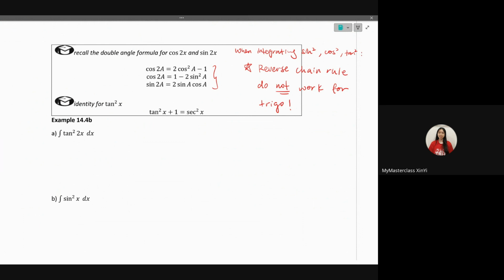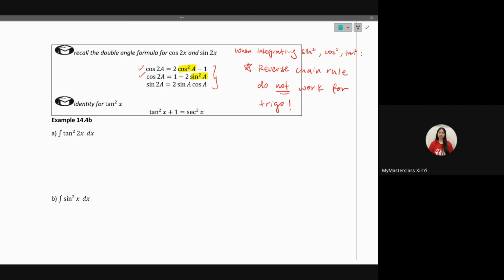The identities that I will need are the double angle formula. Recall your double angle formula for cosine and sine. Which part of my double angle formula will have cosine squared or sine squared in them? It will be these two. I have a cosine squared A here and a sine squared A here.